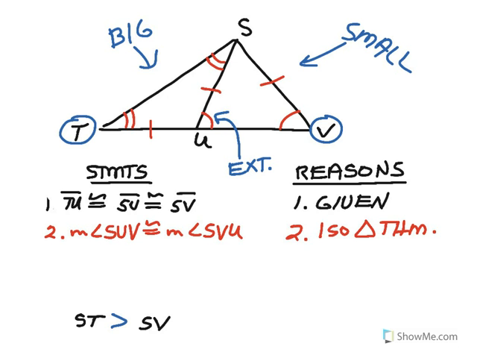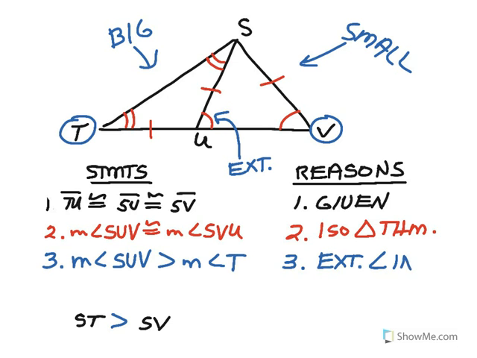So my next step is to say that the measure of angle SUV is greater than the measure of angle T. And that would be using the previously learned exterior angle inequality theorem, that the exterior angle is greater than either of the two remote interior angles.